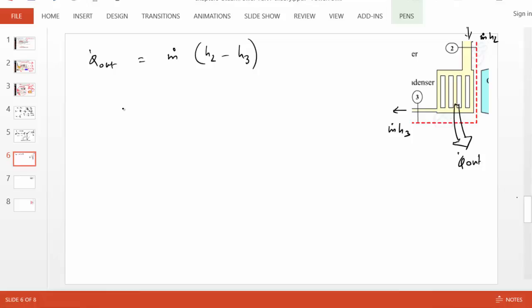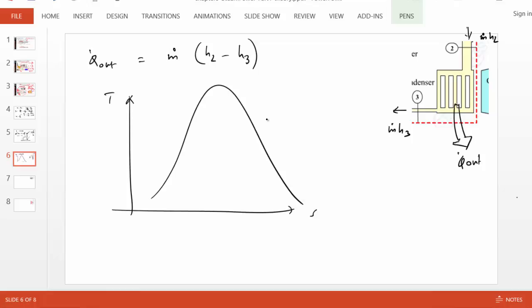On a TS diagram, we already showed, but let me just do it again. Suppose this is my exit state 3, 2, then by definition of the ideal Rankine cycle, state 3 is going to be saturated, the F state. So this is the heat transfer, Q dot out. This is proportional to this area.